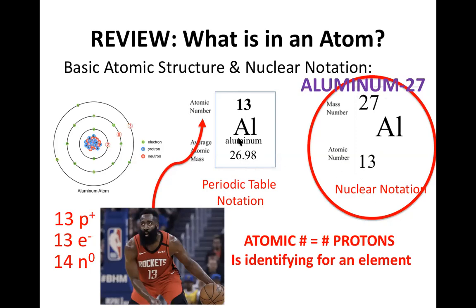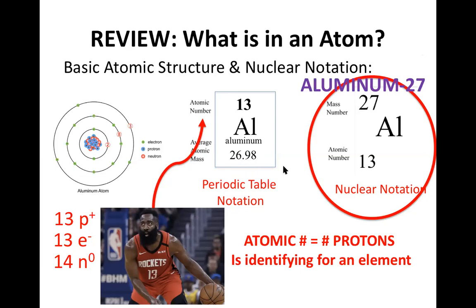So if you recall from previous science courses, this number is the average atomic mass. It's a weighted average of the mass numbers of the isotopes found in nature. And if you round the average atomic mass to the nearest whole number, you usually get the mass number of the most naturally abundant version of that element. For example, we round 26.98 to 27.